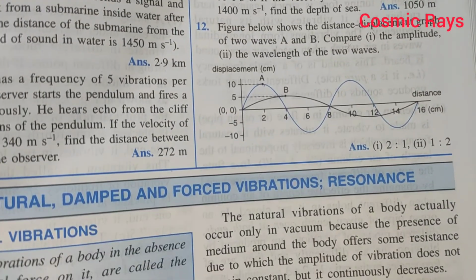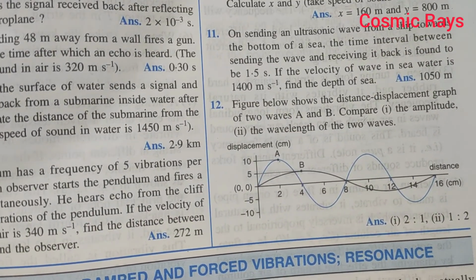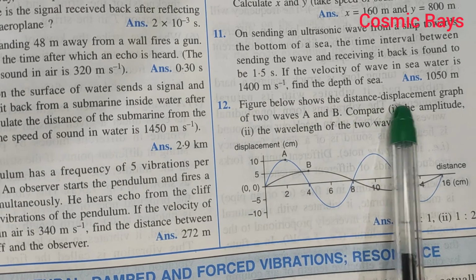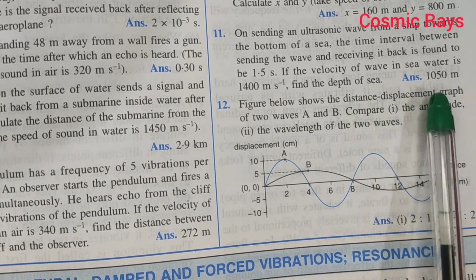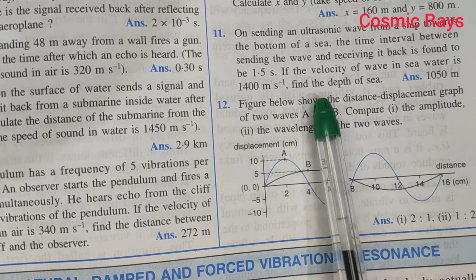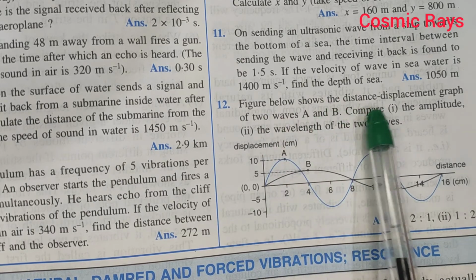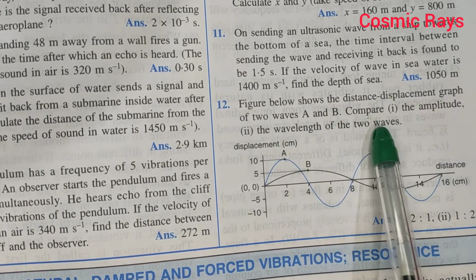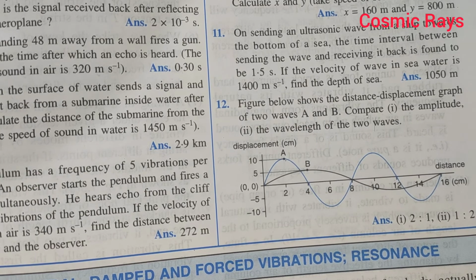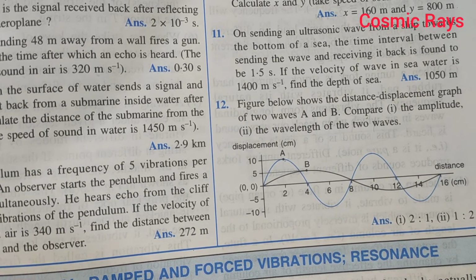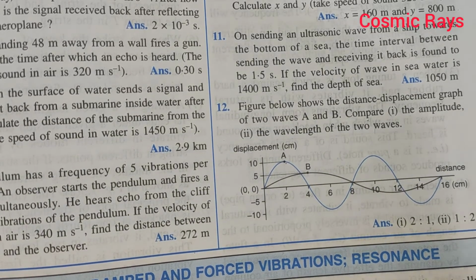Now the last question, that is question number 12. The figure shows the displacement-distance graph of two waves. Now we have to compare the amplitude and the wavelength of the two waves. If you remember, in class 9 you have come across these words: what is amplitude, what is wavelength.